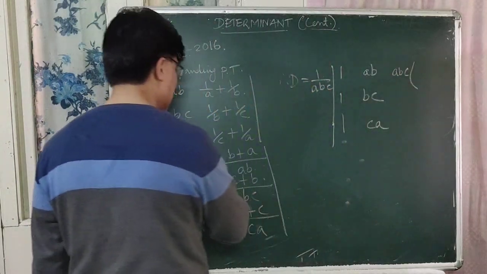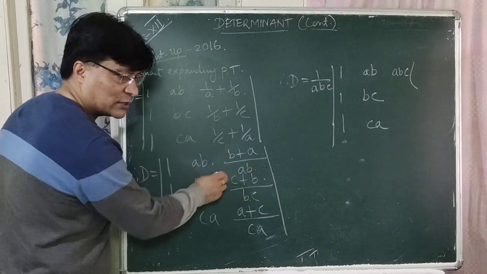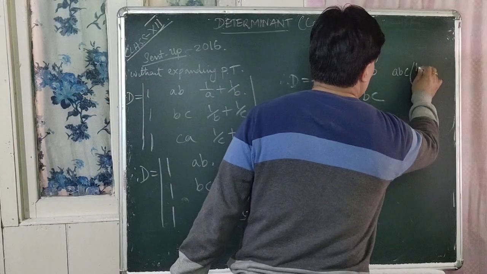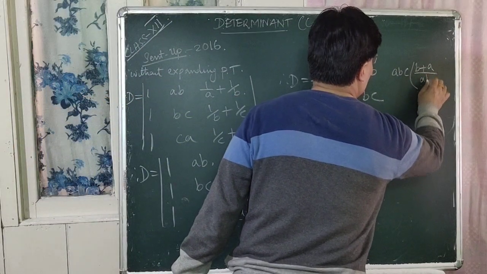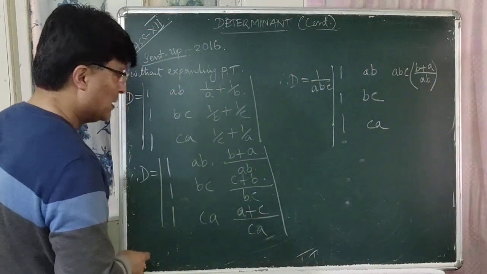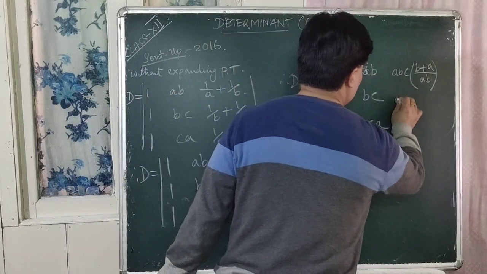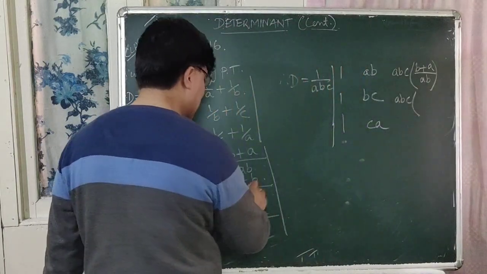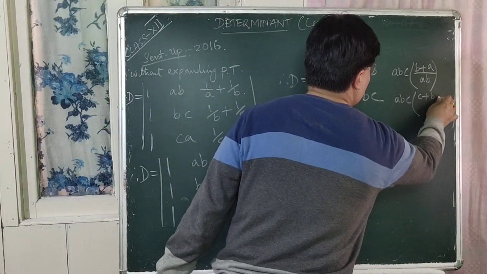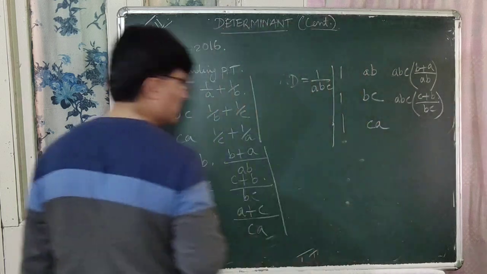ABC within bracket, this term, B plus A by AB. Next, the second term is also multiplied by ABC, so within bracket, C plus B divided by BC.